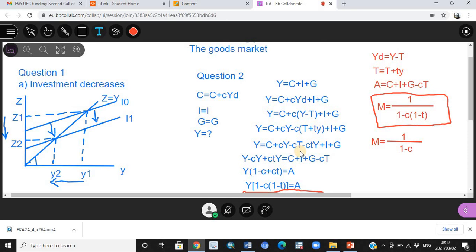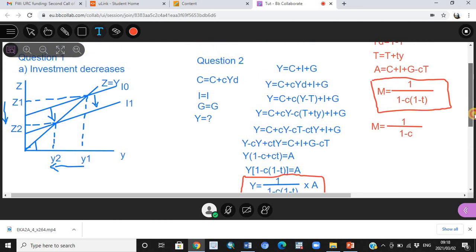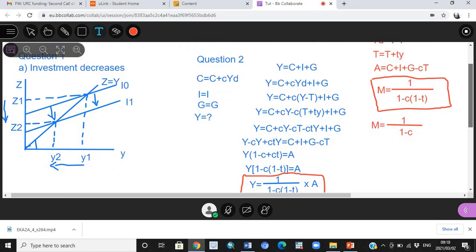If our tax is equal to autonomous tax plus tax that depends on income, our multiplier changes from 1 over 1 minus c to 1 over 1 minus c, 1 minus t. The same with imports. If we had imports in our economy, our multiplier was also going to change. We will see this as we go. So this is what we wanted to derive.